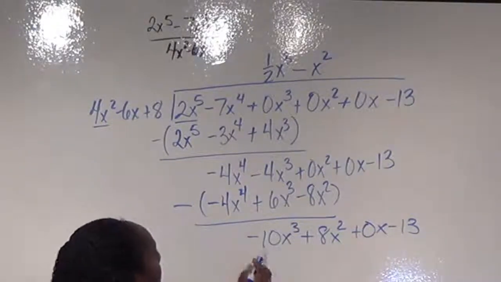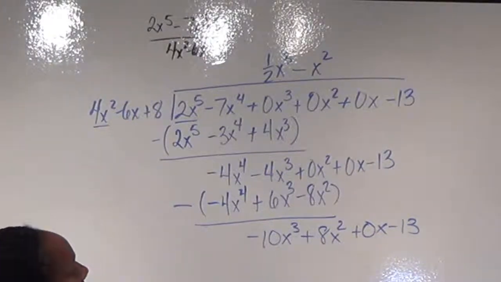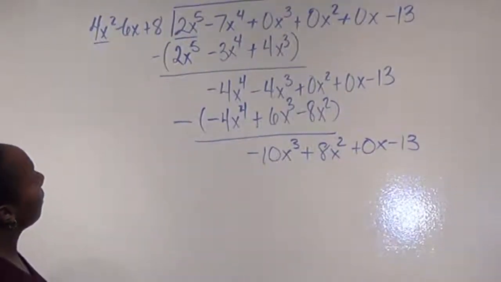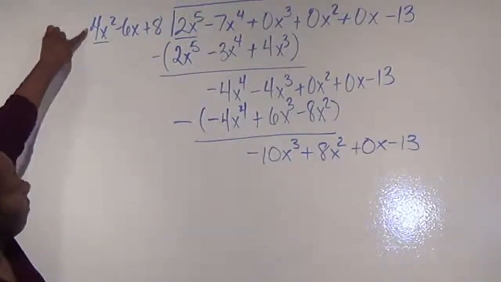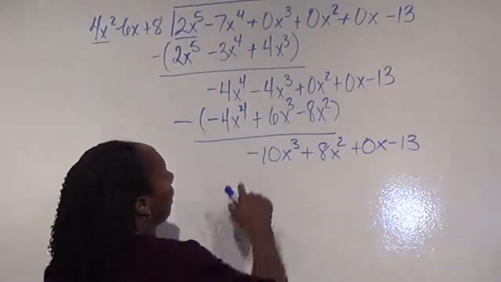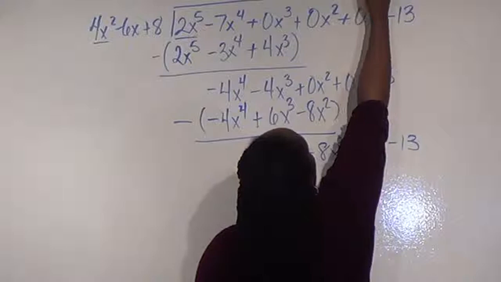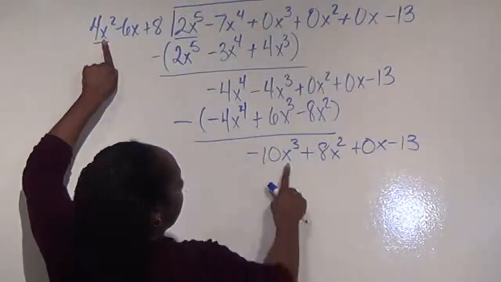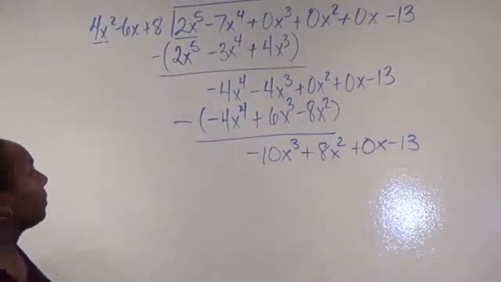Okay. Again, from there, what times the 4x squared will give us the 10x cubed? Okay. So here, if we look, multiplying by 5/2, we get some fractions in here. Again, I need that to be negative so that my signs will match up. And then x squared to x cubed means I need another x in there.